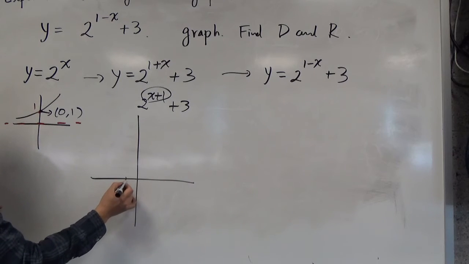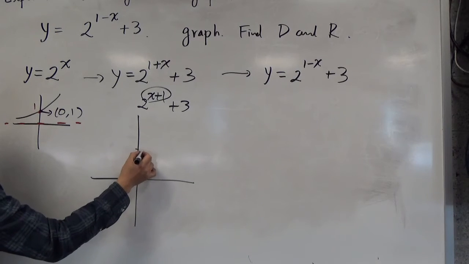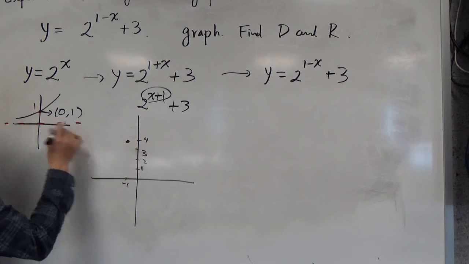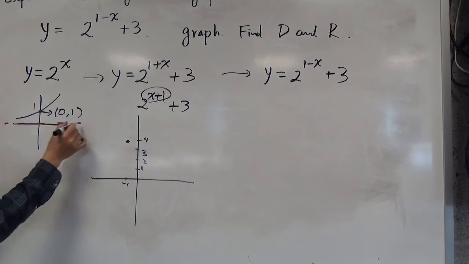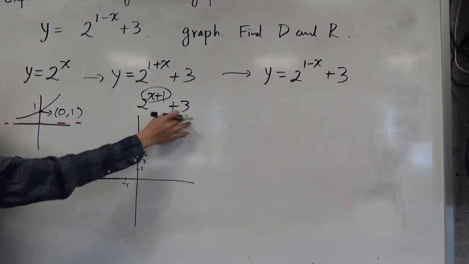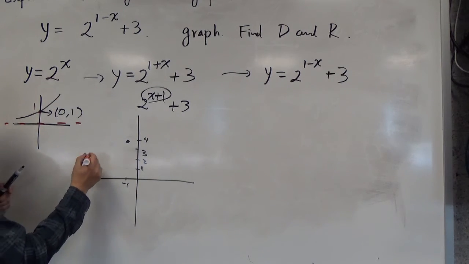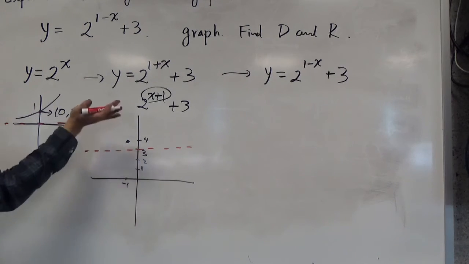Okay, so let's say this is negative 1, 1, 2, 3, 4. Negative 1, comma 4 is the point that the graph passes through, right? And this horizontal asymptote now, because it's shifted up by 3, is going to be at 3. Okay, so this got raised up by 3.